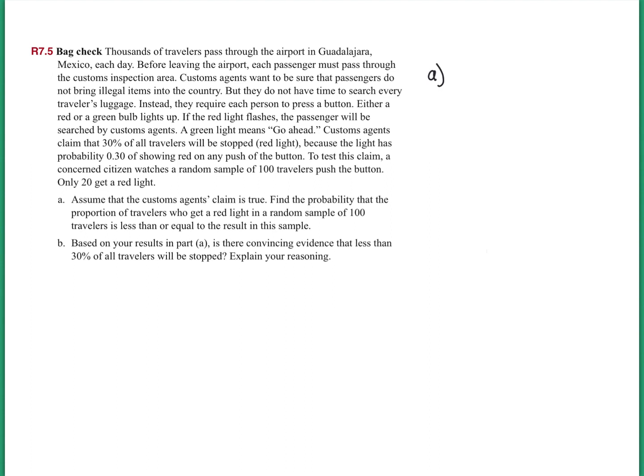Okay, so they asked for a probability, and this is going to be a normal curve. They say the sample is 100 travelers, which is definitely less than 10% of all travelers, so we can assume this is approximately normal, and then we can use normal CDF to find the probability.